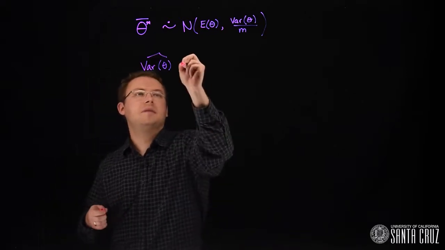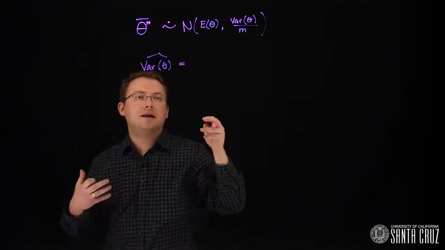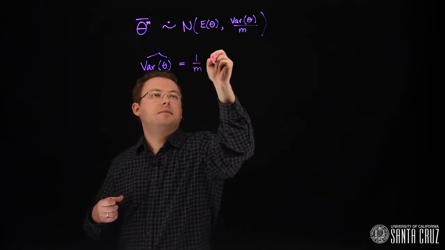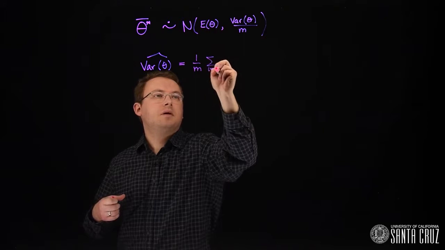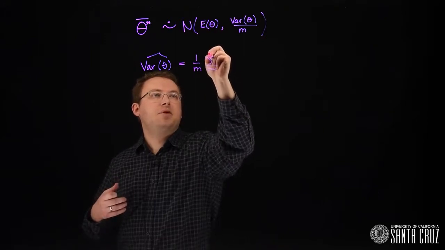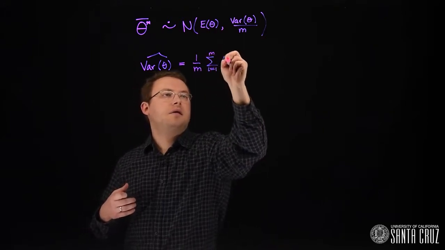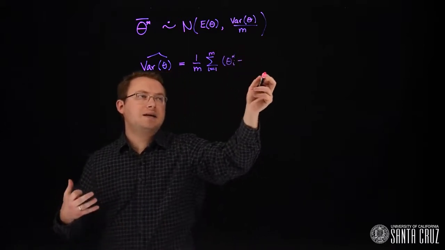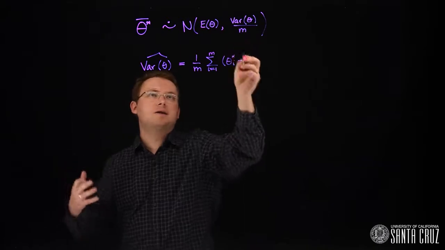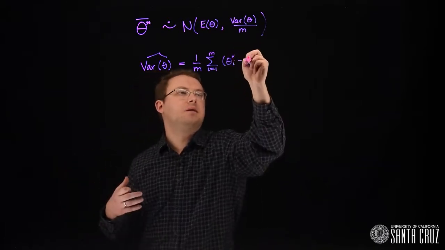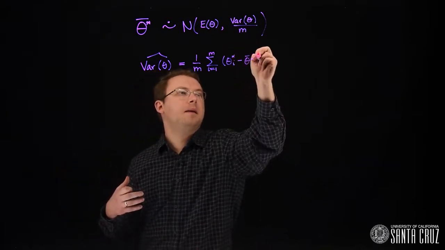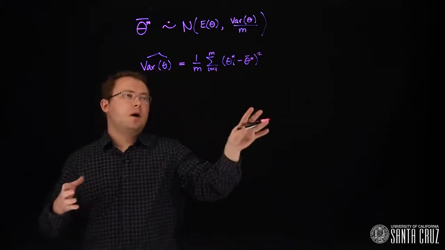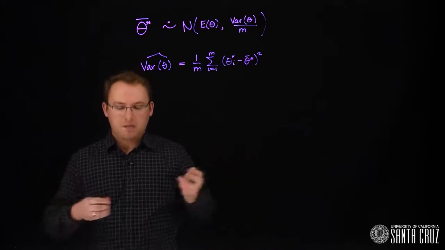We're just approximating that integral for the variance, so this will be 1 over m times the sum of theta i star minus the expected value, which we're also approximating with the sample mean. So let's plug that in here. Sometimes people also divide by m minus 1, but if m is really large, then it won't matter that much.